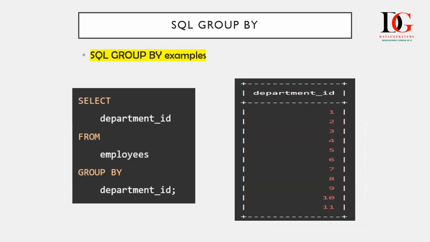If I say group by department, it will create a group based on the department. Let's suppose I have 11 departments, so it will create 11 groups. The people who belong to department ID 1 will come into department 1, like that. It will create multiple groups.